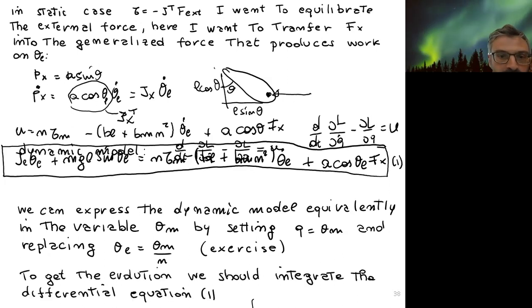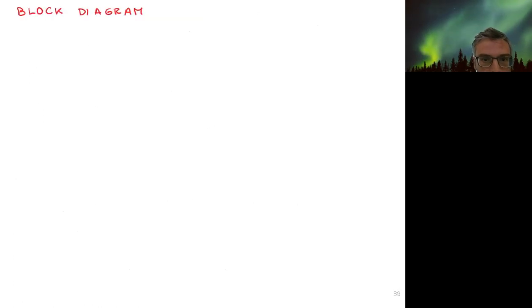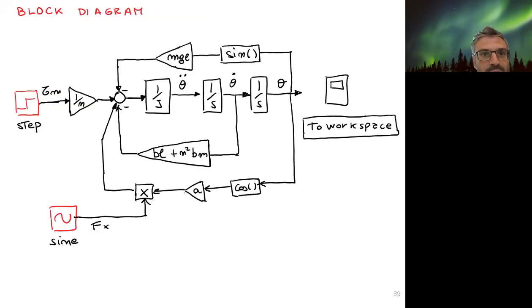So we get a very similar expression, and we get this equation, which is a second order differential equation that needs to be integrated, because we have a relationship between forces and acceleration. So we can get the acceleration out of that, and we need to integrate the differential equation.